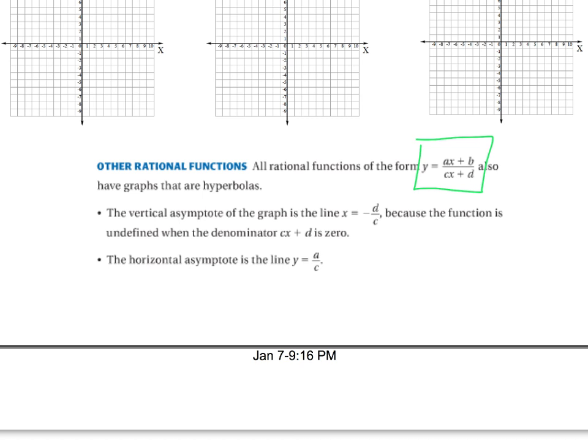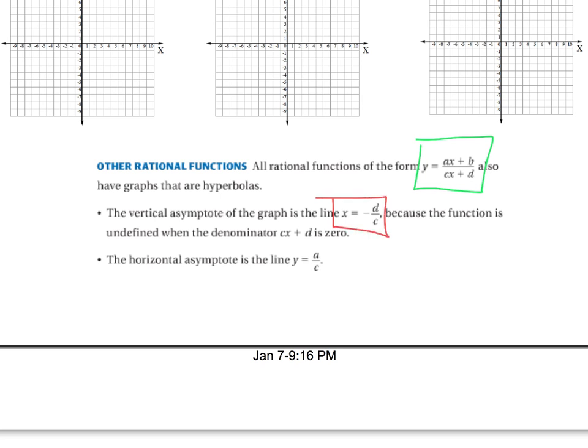And so we begin by looking for our asymptotes with these two linear functions. Your vertical asymptote will come from the denominator. Again, the denominator cannot have a 0 in it, and so they give us this formula, which I don't like. I'll just explain it to you.